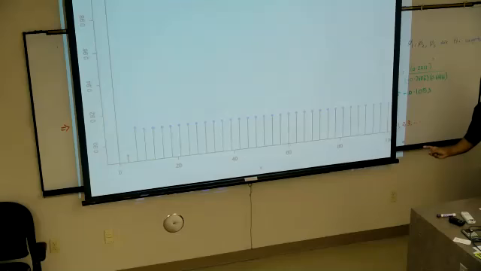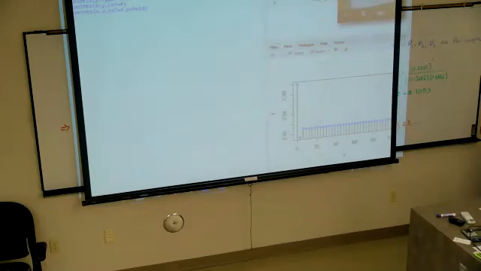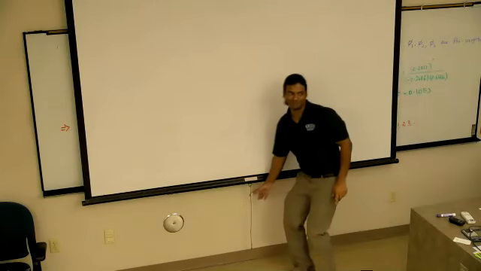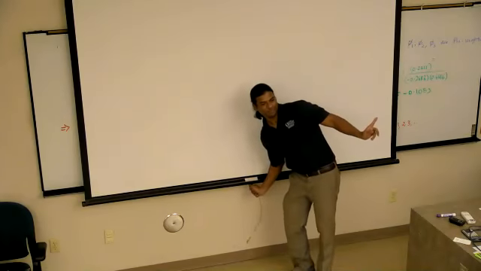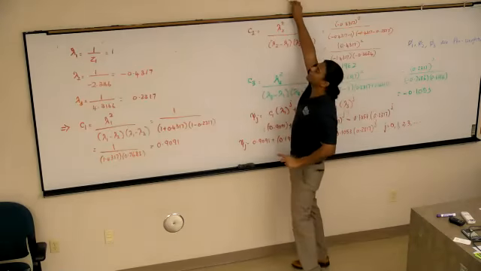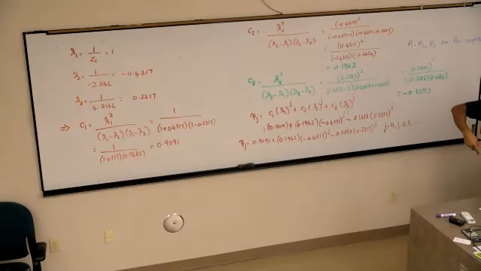Does that make sense? Now, earlier, I mentioned one of the roots is 1. Unit root. I mentioned unit roots will cause problems in terms of stability. That's exactly what we saw.